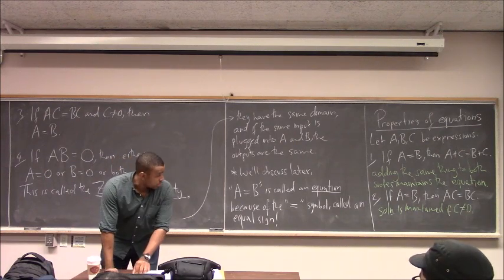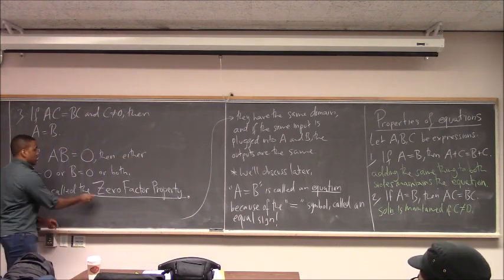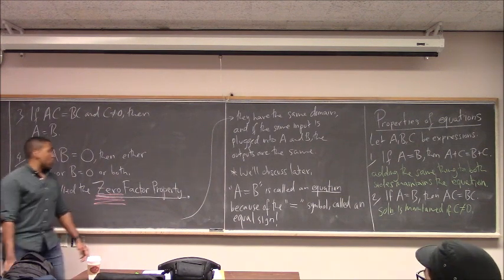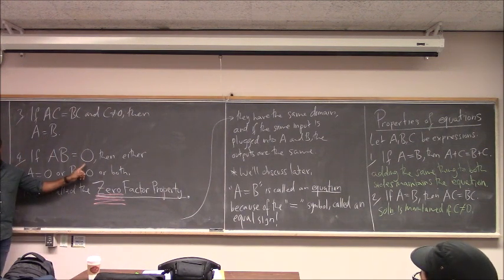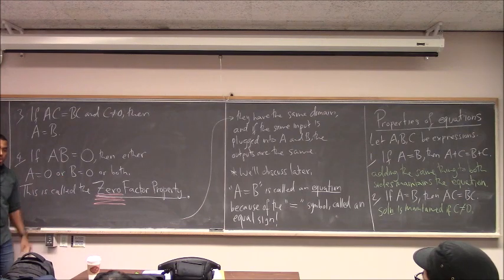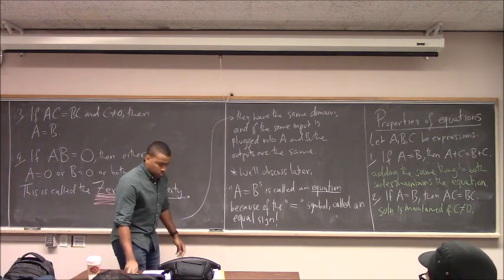And I want to emphasize it is called the zero factor property, which means it does not work if the other side is not 0. So if this is a 2 or a 5 or a 13, you can't split things in any predictable way. Okay?